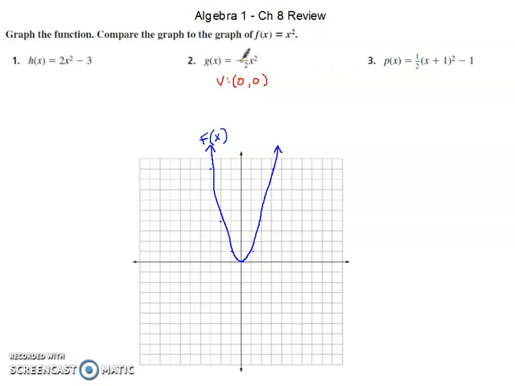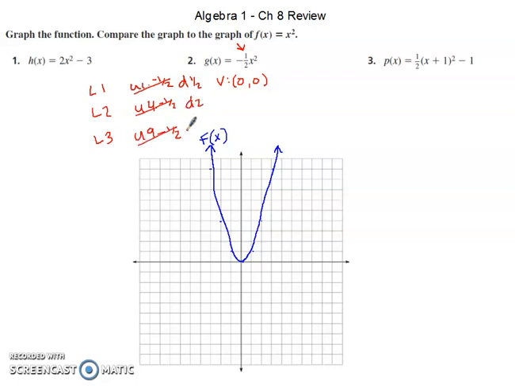So what we're going to do then is change my pattern by multiplying by negative 1/2. So left 1, up 1, left 2, up 4, left 3, up 9. So I'm going to multiply by a negative 1/2. That negative is going to change all of my ups to downs. So here I'm going down 1/2. Here I'm going down 2.